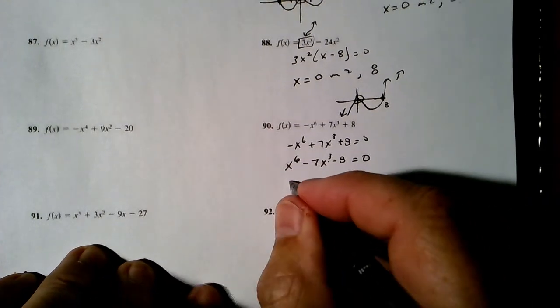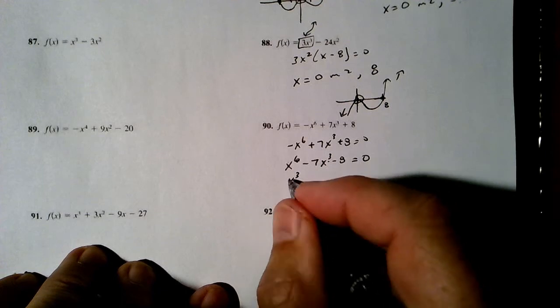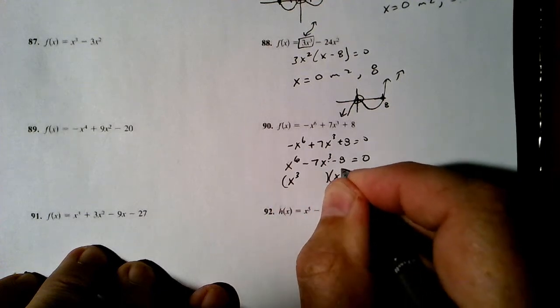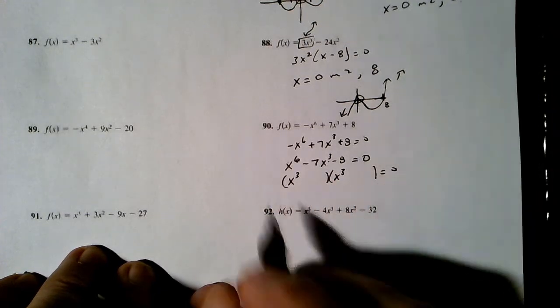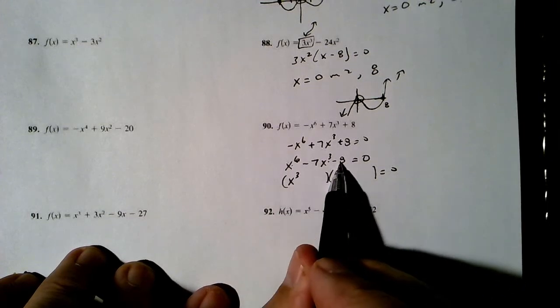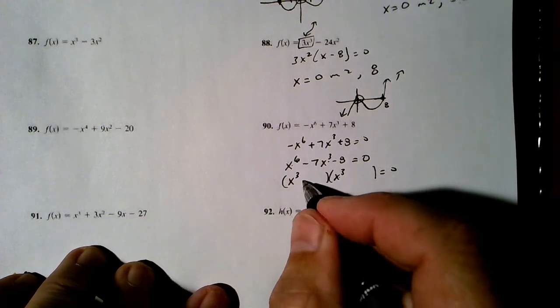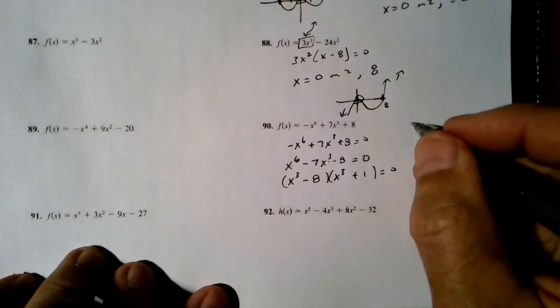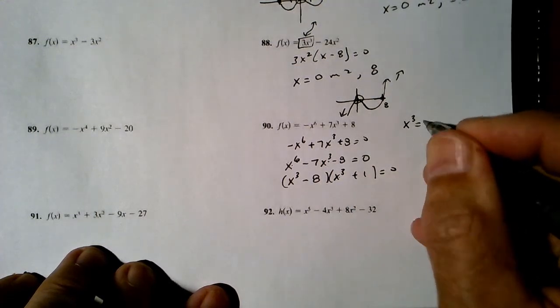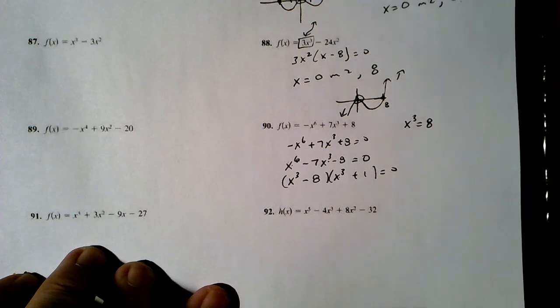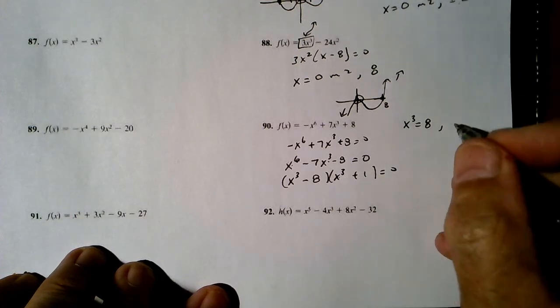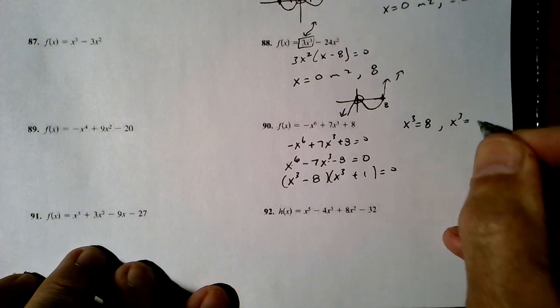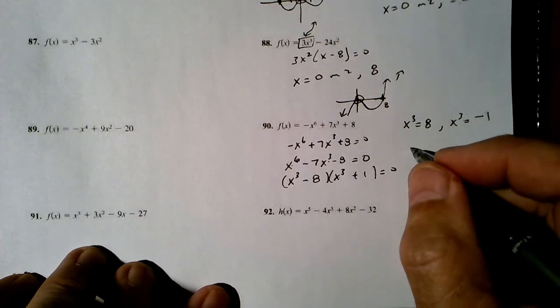So maybe this factors into x cubed times x cubed, which is x to the 6th. Factors of negative 8 that add up to negative 7: minus 8 plus 1. So either x cubed equals 8 or x cubed equals negative 1.